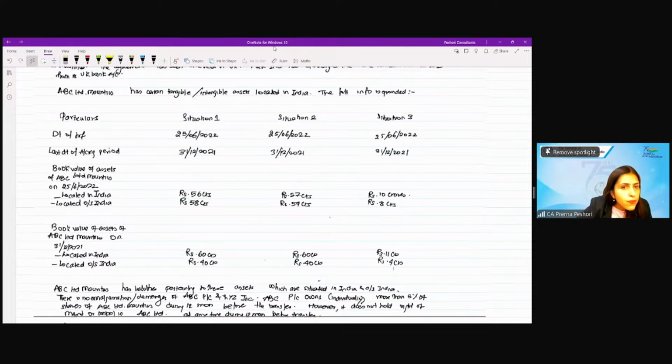Prashant, it will not be 56 crore. It will be 56 plus 58 crore, so it will be 114 crore. Yes, Ankit, you are correct.